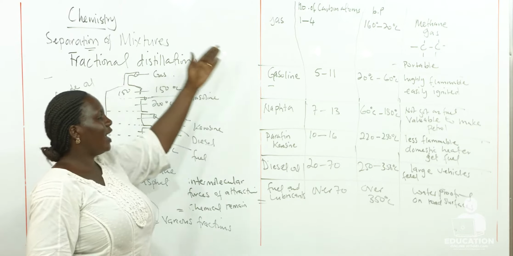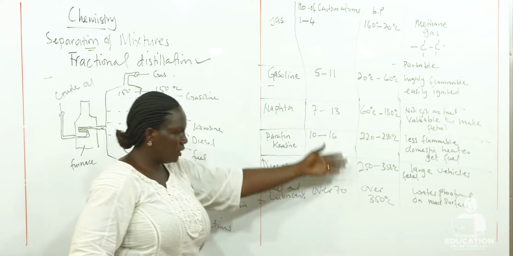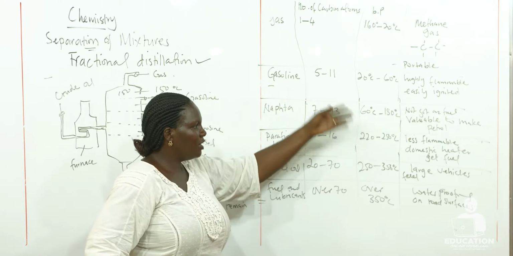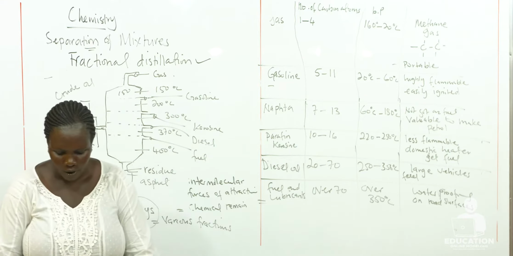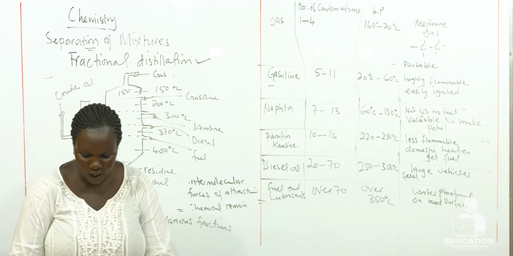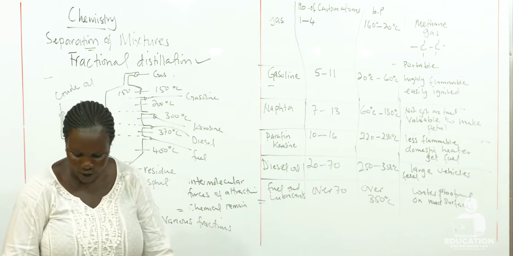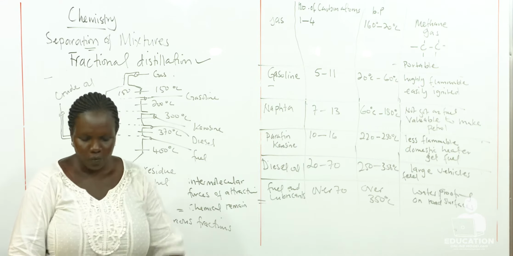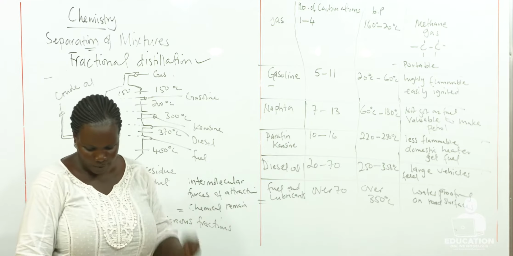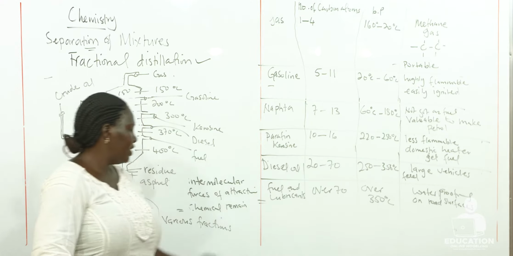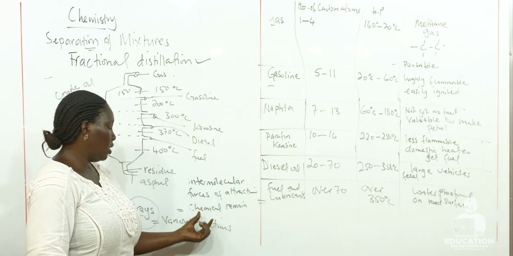Then we can get the different fractions, and of course based on this table, each has a different function. So fractional distillation is used for separation of miscible liquids on the principle of different boiling points and condensation temperatures.